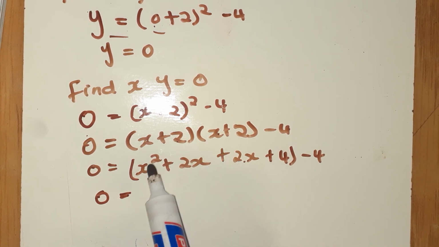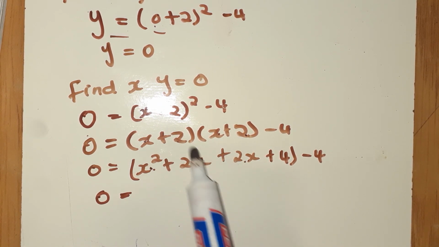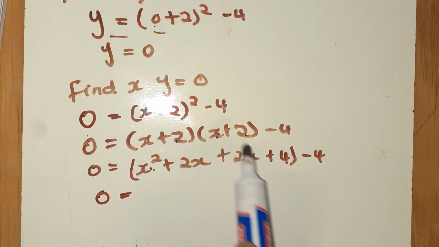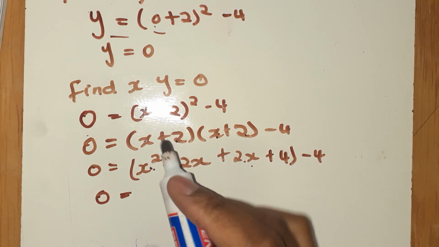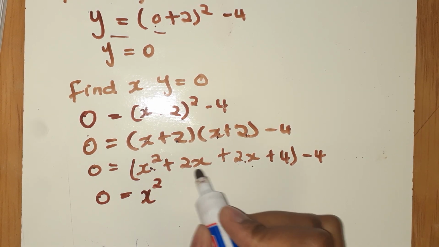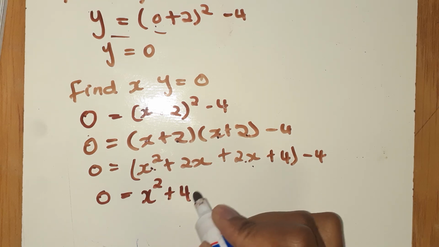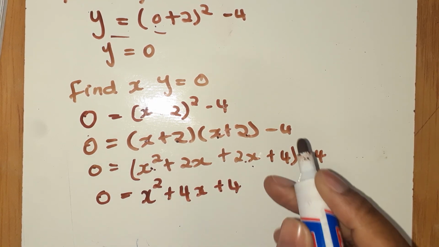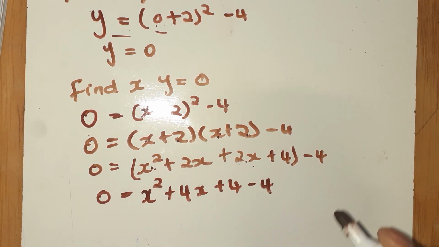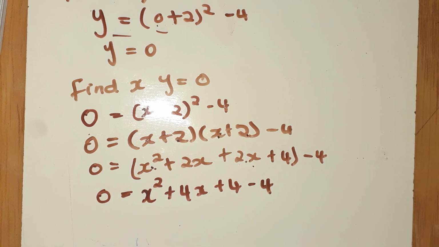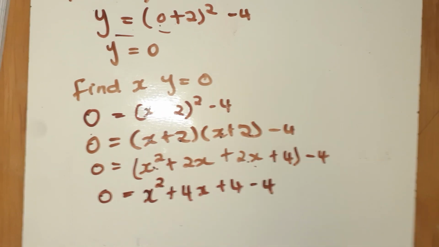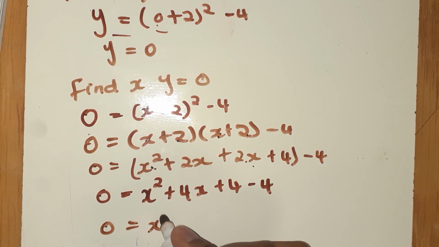So you say x times x is x squared, x times 2 is 2x, 2 times x is 2x, 2 times 2 is 4. Then we have x squared, 2x plus 2x, that is 4x plus 4. And then we'll just take out the brackets, minus 4. So 4 minus 4 is 0. So 0 equals x squared plus 4x.